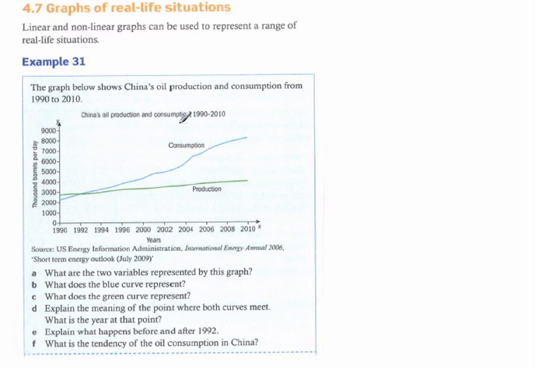So in this next example, we're given some real-life data, and we're asked to answer these questions. What are the two variables represented by this graph? So here, you can say, well, let's write it over here. In this example, x is number of years since the initial year, which is 1990.